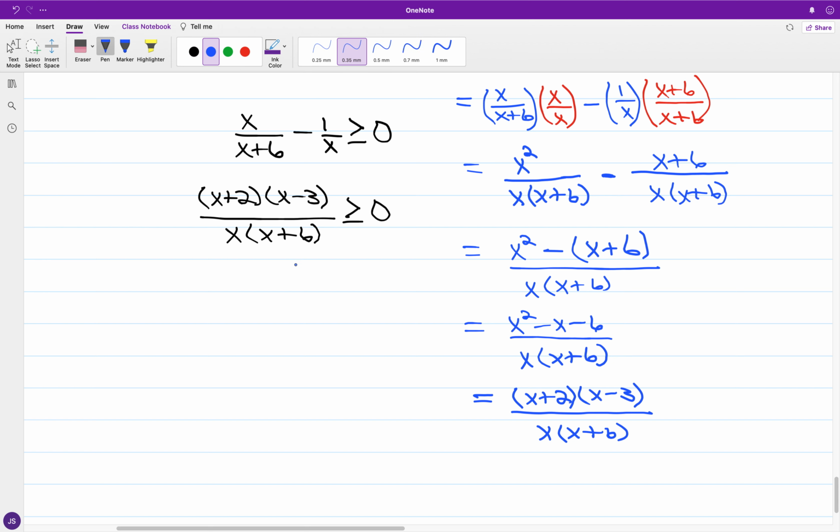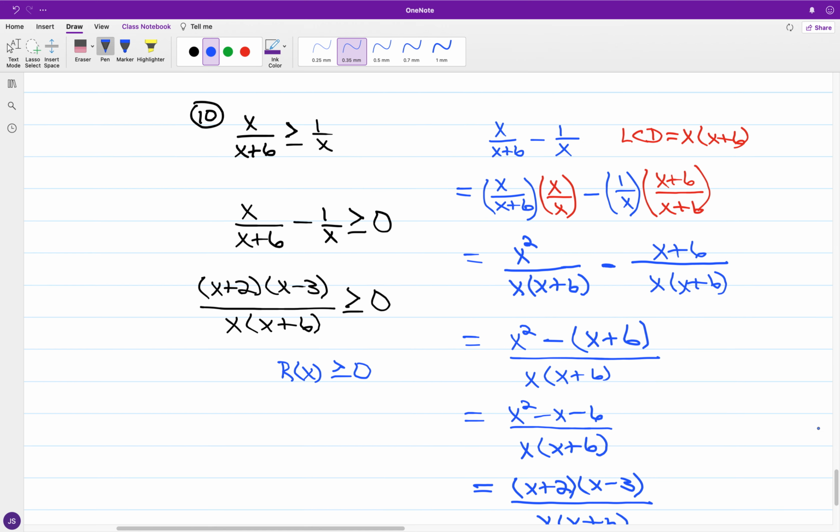Again, this is the form where we have R(x) is greater than or equal to 0. And so we're establishing the zeros and all that and categorizing.